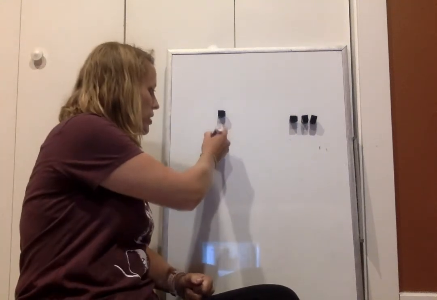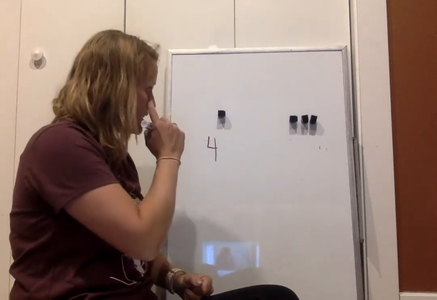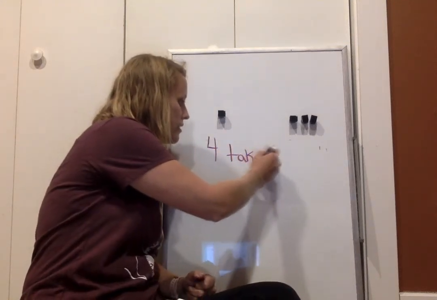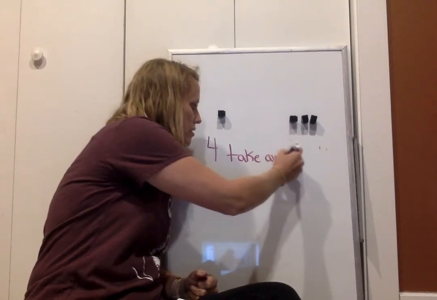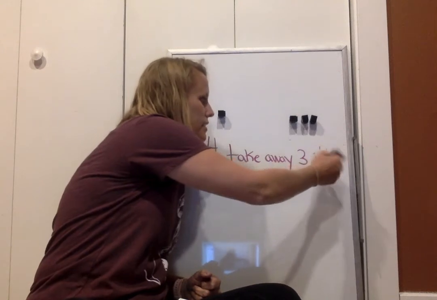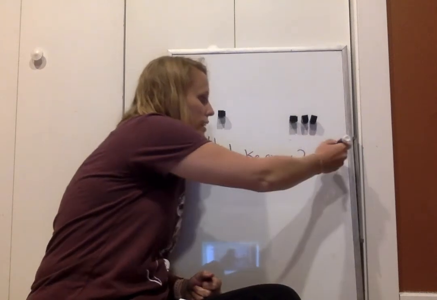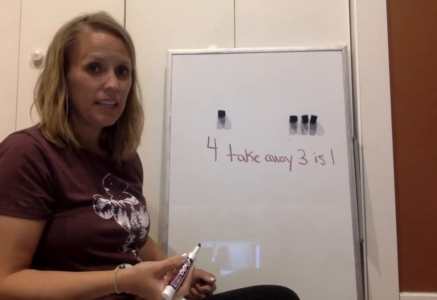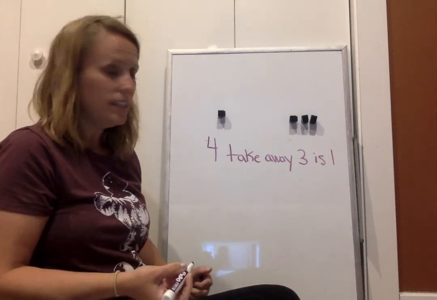Okay, let's write this subtraction problem. There were 4 hoses. Take away 3 is 1. Okay, remember there's another way we could write this? Do you know what we need to do?